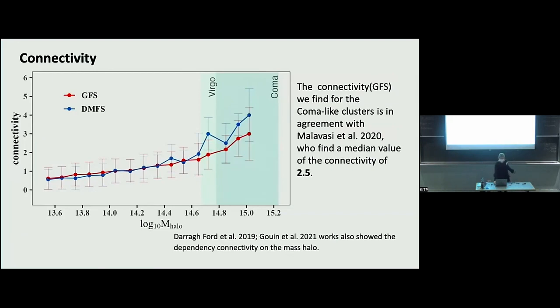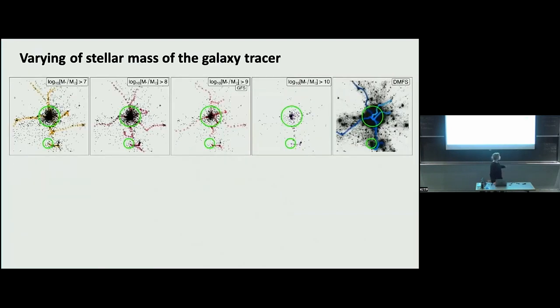Can this parameter be improved by considering lower mass galaxies? Because as you can see in the same picture, the number of massive galaxies actually is quite low, and it cannot help us to track all connectivity.